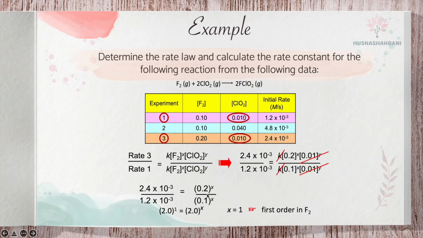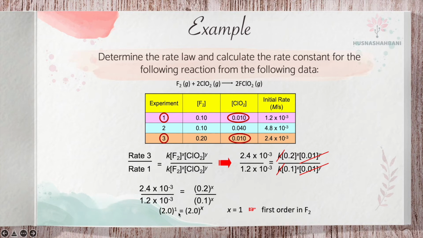And then when you have this value, 2.4 times 10 power of negative 3 divide 1.2 times 10 power of negative 3, you will get 2. 2 is equal to 2 to the power of 1, that is 2.